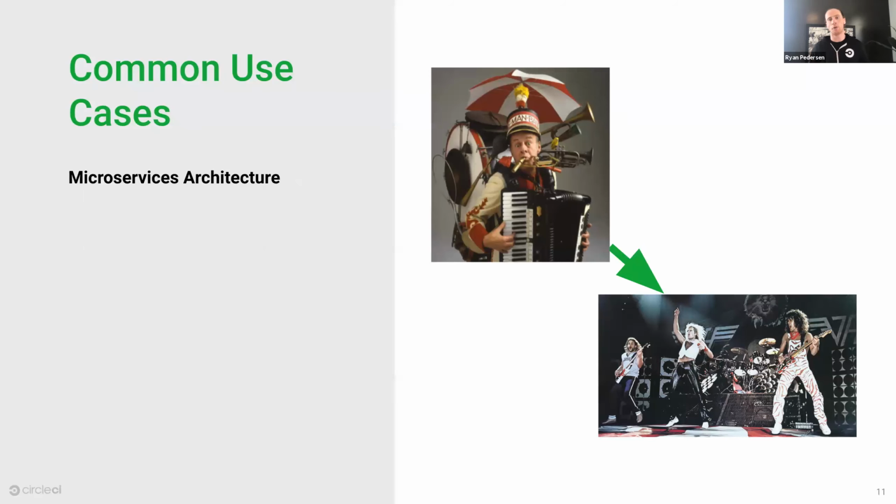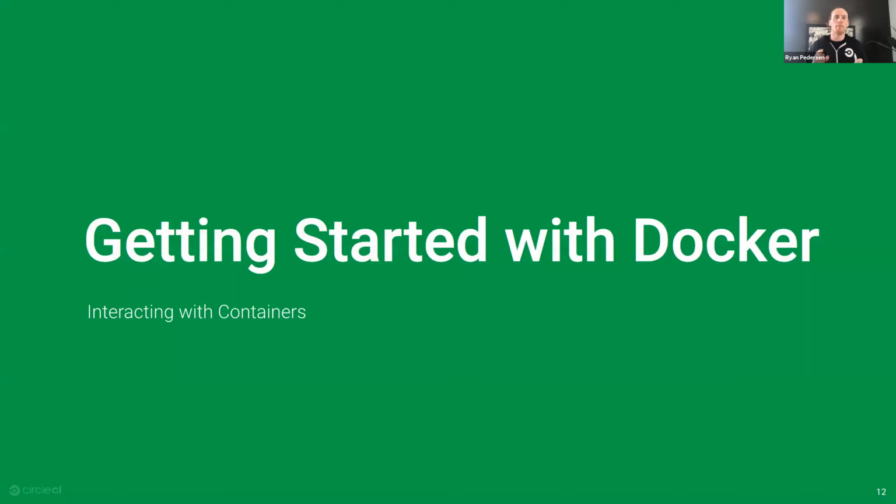You get to pick the right tool for the right job. Docker allows you to containerize your microservices and simplify their delivery and management. It provides individual microservices with their own isolated workload environments, making them independently deployable and scalable. Now that we've covered the background, moving on to Dockerfiles, images, containers, the fun stuff.